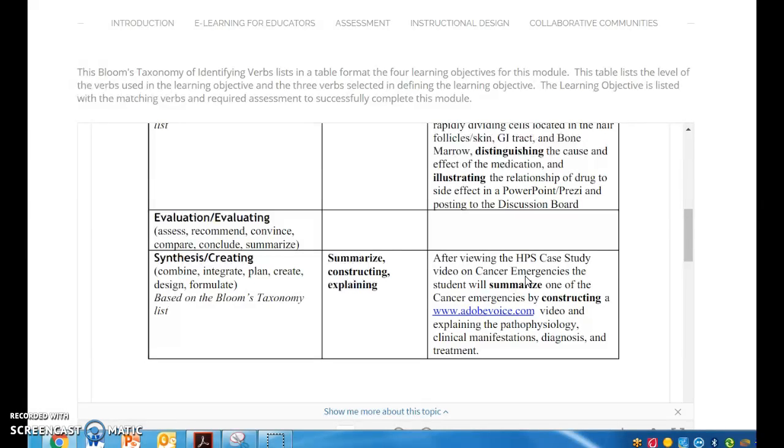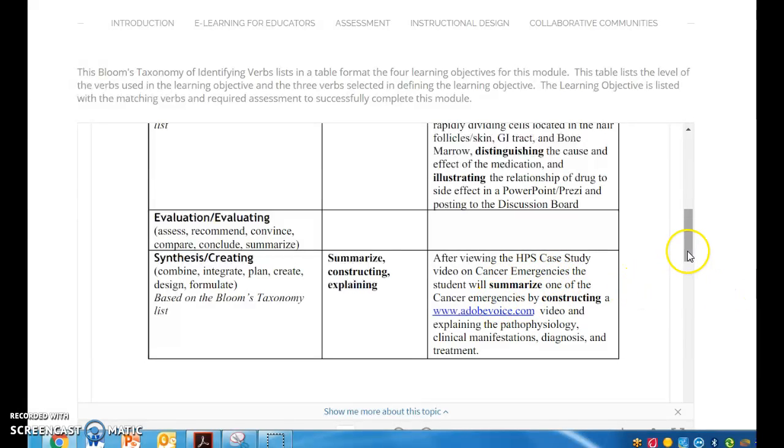So basically, kind of like the PowerPoint presentation that I talked about in the past, they were to do basically about the same thing. But this time, instead of doing a PowerPoint presentation, they were to use a video. They could use PowerPoint or they could use some other means to present their information.